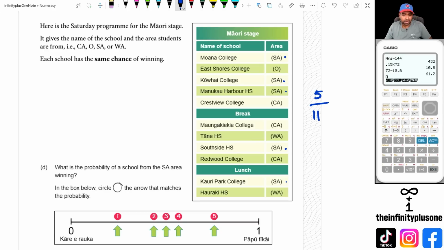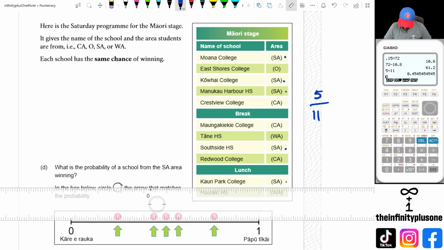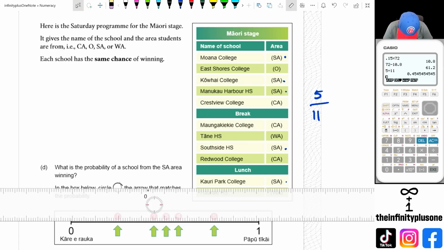So 5 out of 11 as a probability. It's just below 50%. Sorry, I was thinking about something else. So we have to look at this and go, which arrow is it going to be? The way you would want to do this is you probably want to have a ruler and find out the halfway point. Now, I'm not using a real ruler here, so I'm going to have to work with this.